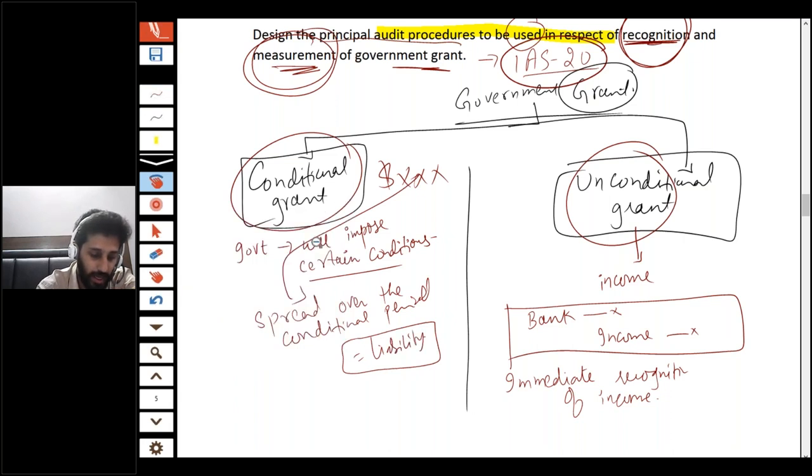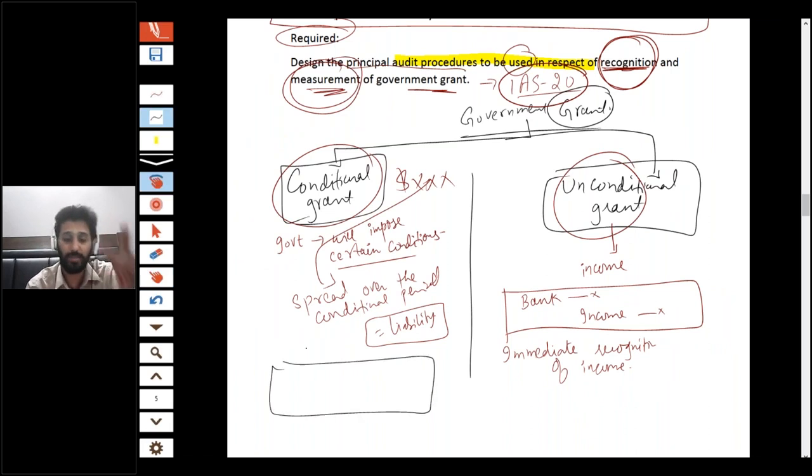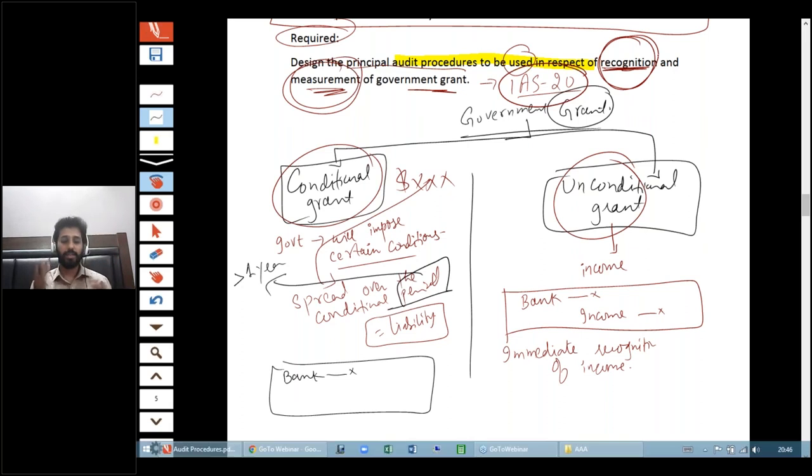And you know what? The double entry for such a grant, which is based on a condition, would be bank debit, and obviously the conditional period is normally more than one year. So the government would be exercising the condition, let's say, over three years.